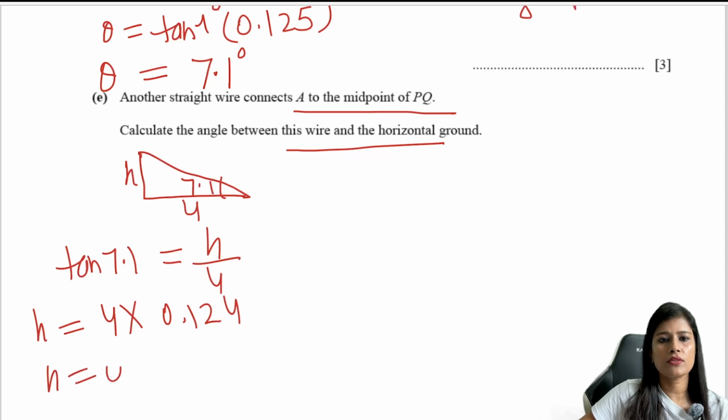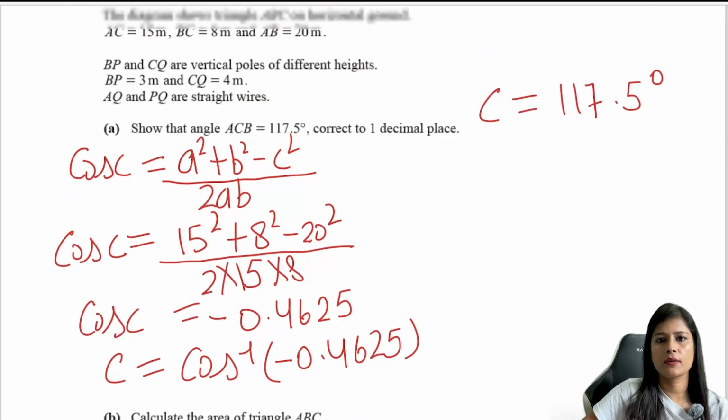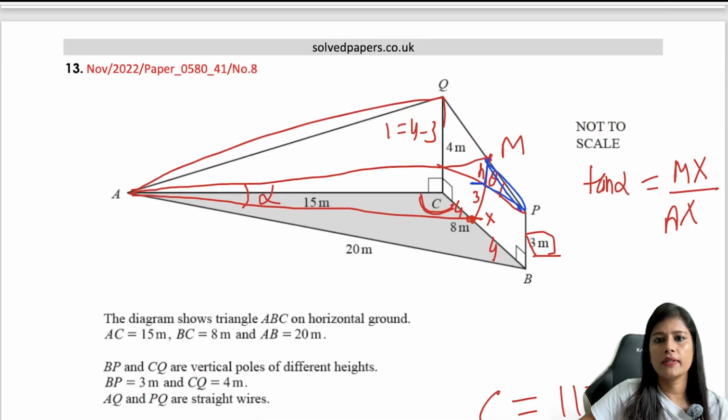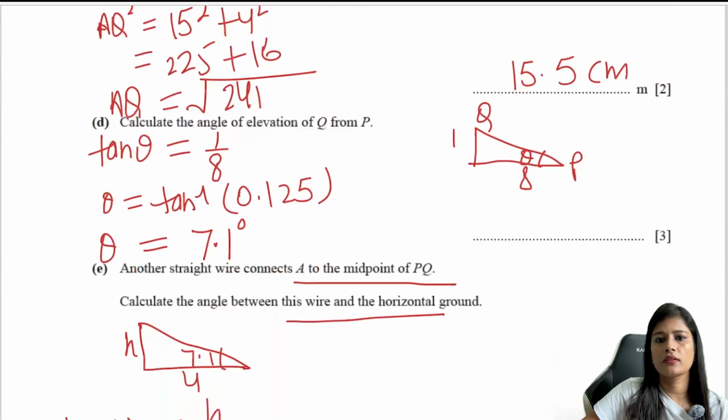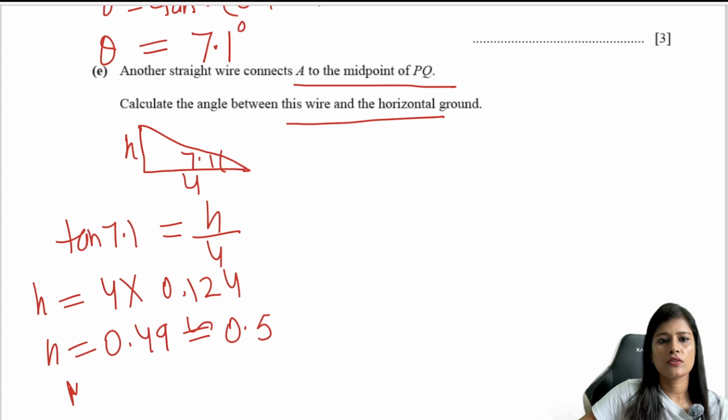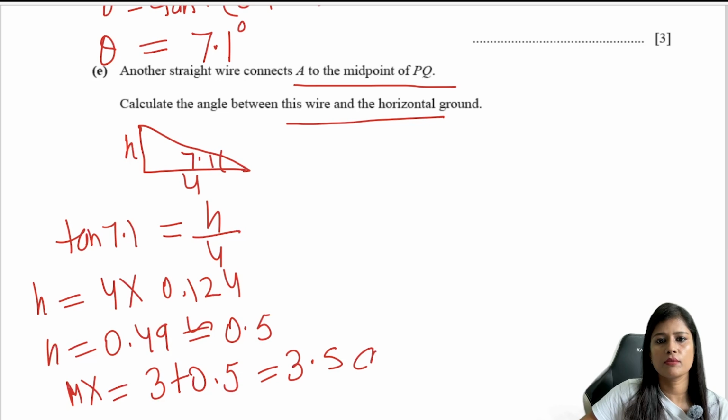So h will be 0.49 or approximately 0.5. So this MX, this complete M to X, will be 3 plus 0.5, so MX is 3.5 centimeter.